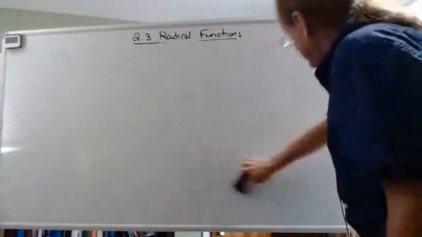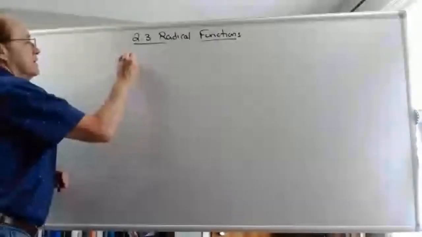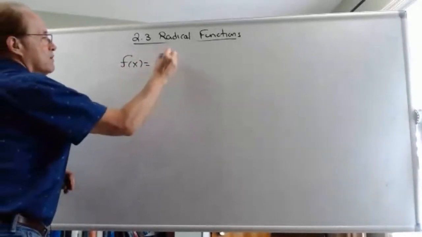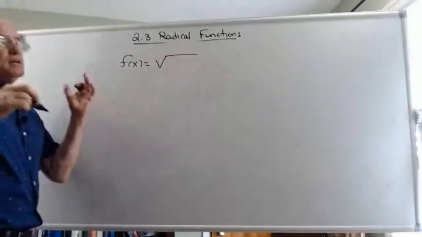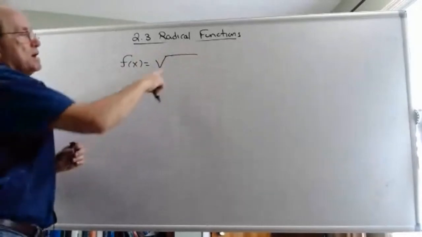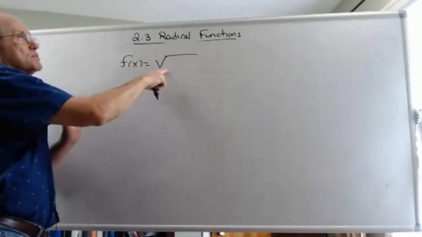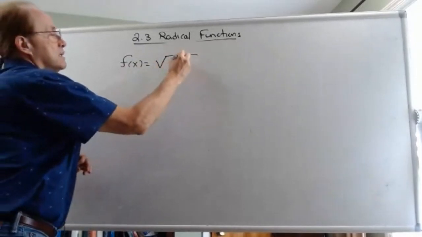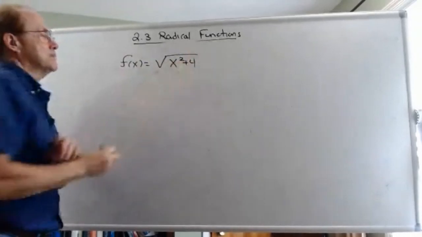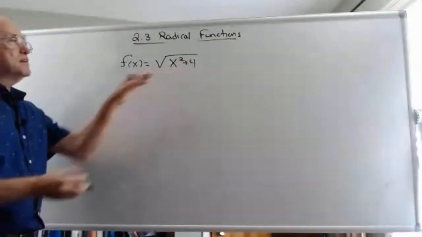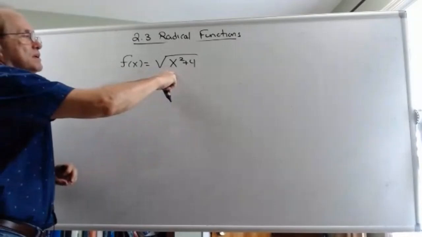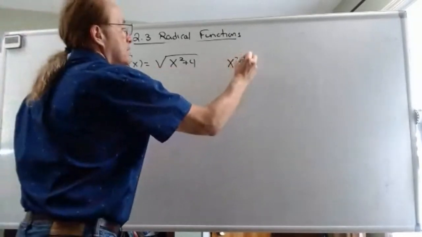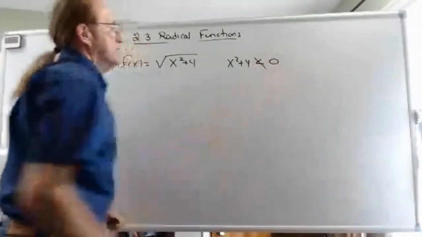Here's a simple example. Another example, f of x, it's a square root, so the hair on the back of my neck is standing up, because the square root could be a problem. But what if I have this? x squared plus 4. Well, you might notice that it can be any real number, because x squared plus 4 is never negative, no matter what.